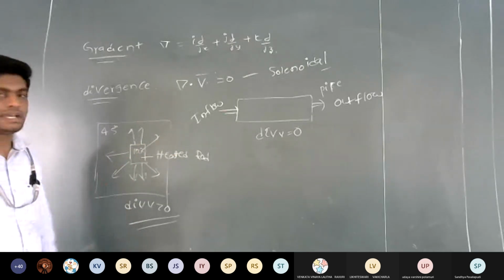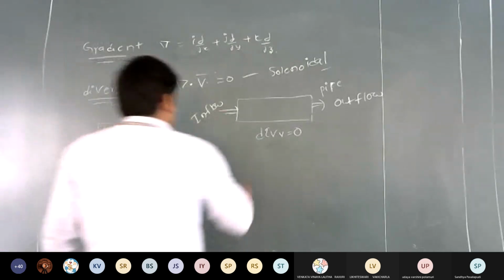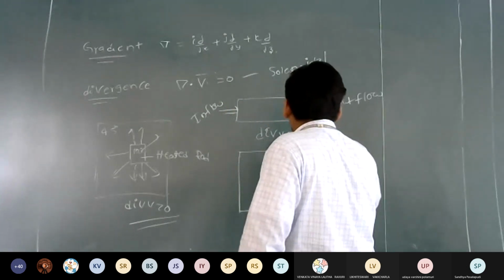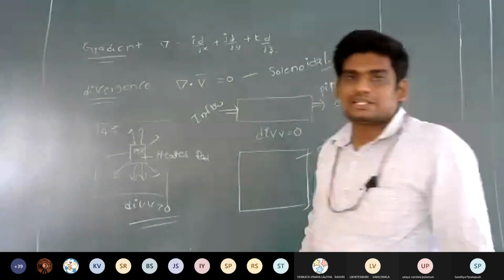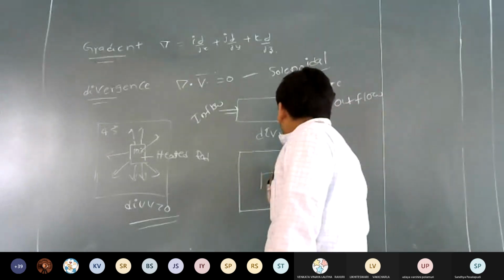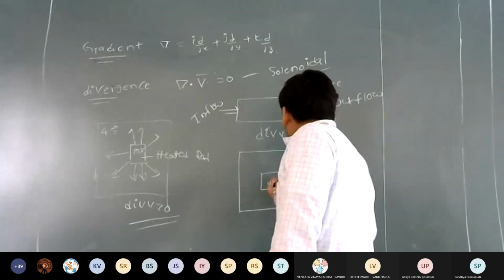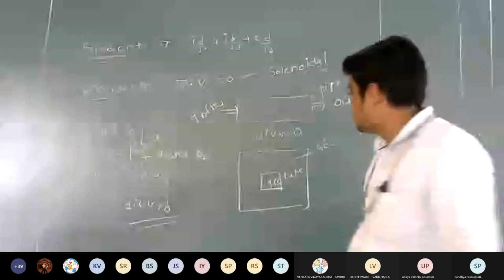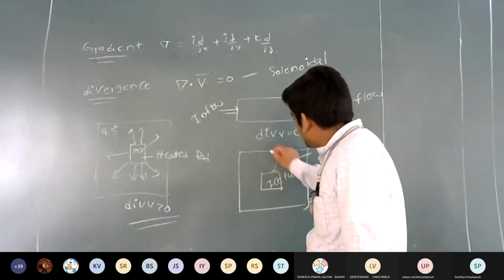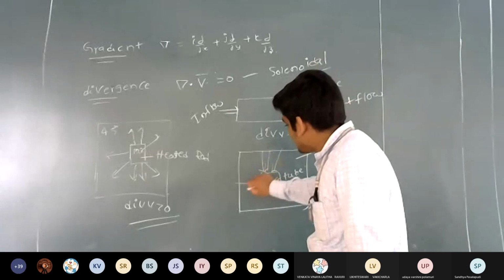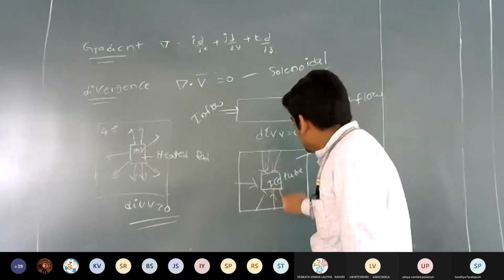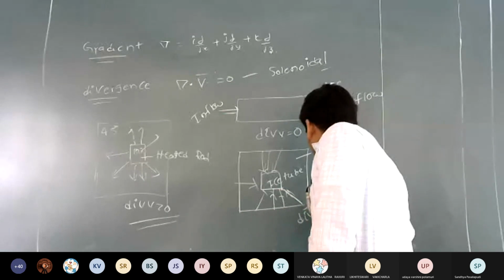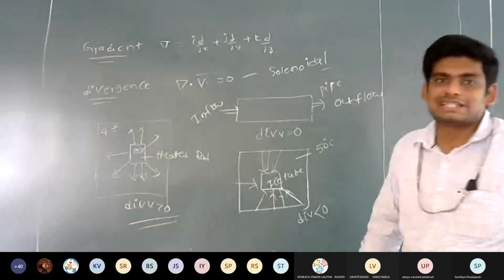Now suppose the room temperature is 50 degrees, and if you place an ice cube in the room, the ice cube adjusts the temperature from the room. In this case, the divergence is less than zero.